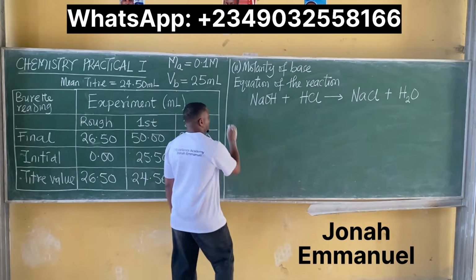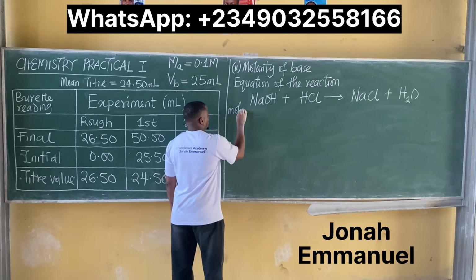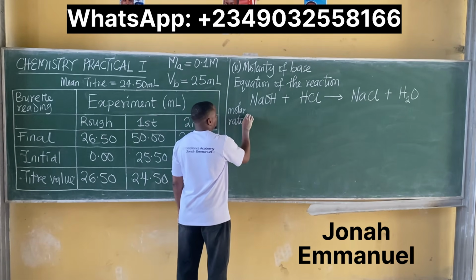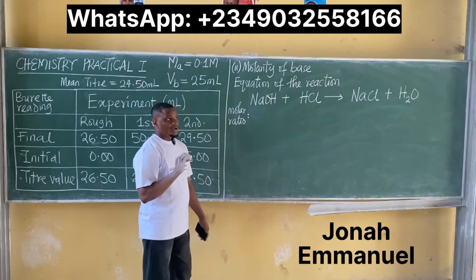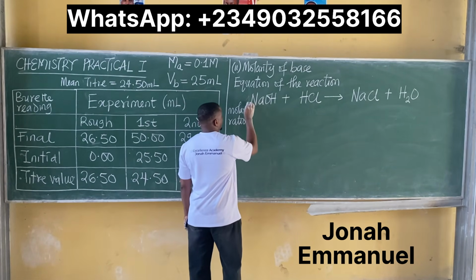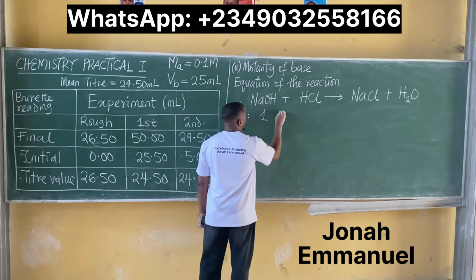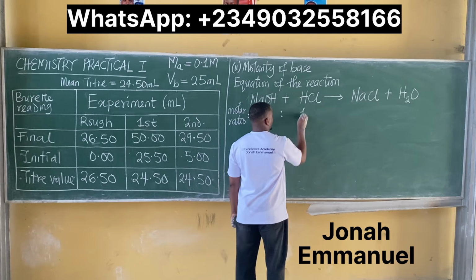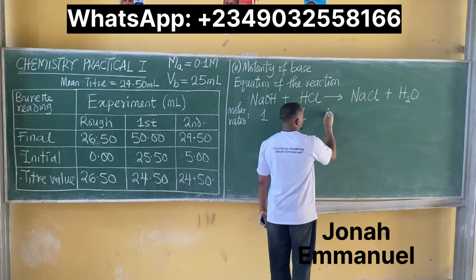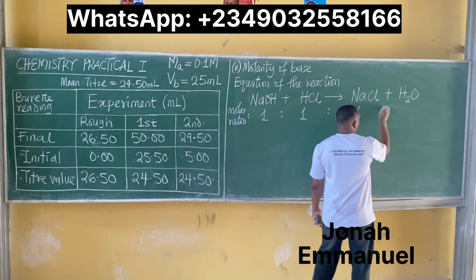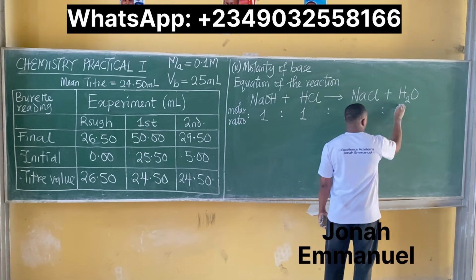Let's take the molar ratio. What is the molar ratio? The molar ratio is simply the coefficients of each term. For sodium hydroxide the coefficient is 1, for HCl the coefficient is 1, for NaCl it is also 1, and for water it is also 1.